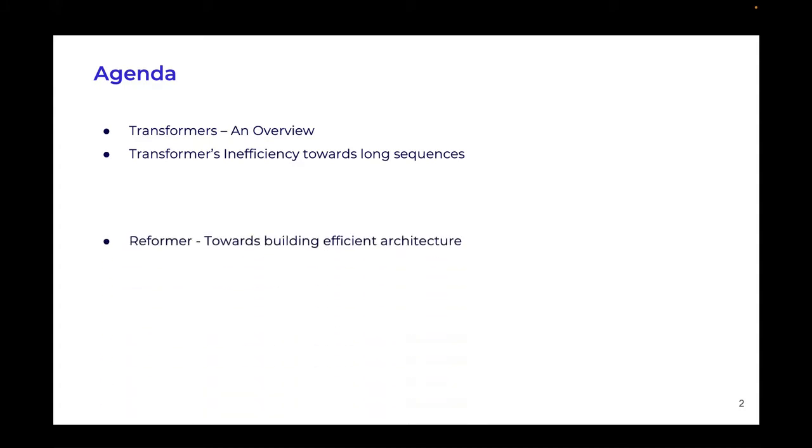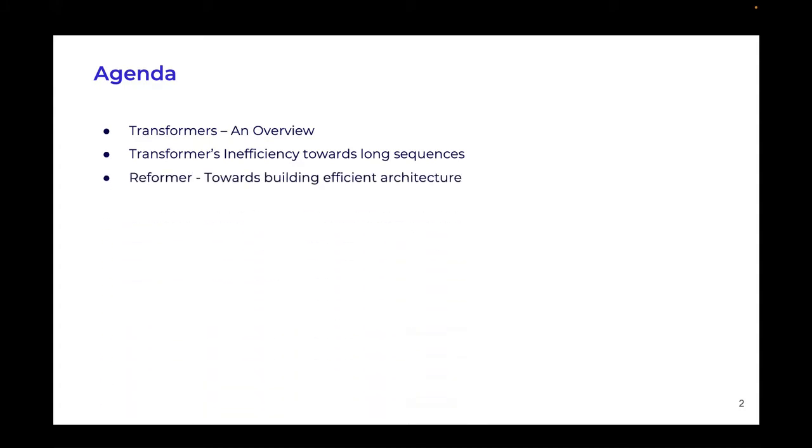So coming to the agenda, today I'll just give a high-level overview of transformers, since most of us would be already knowing about this. Later, I'll discuss the inefficiency of a transformer towards longer sequences.